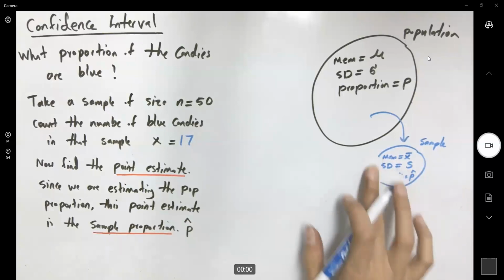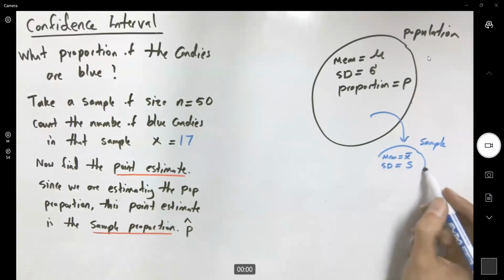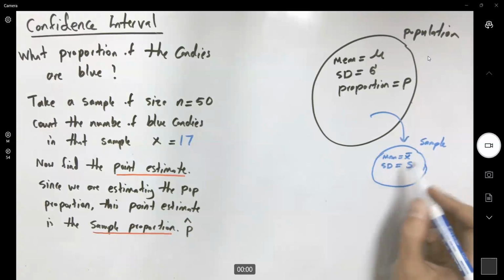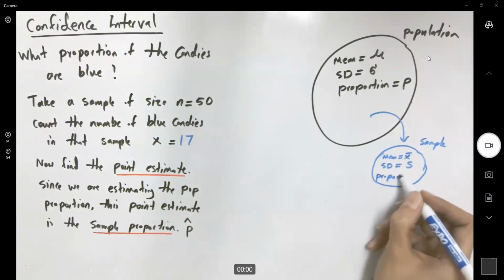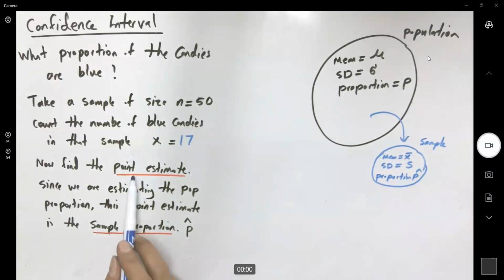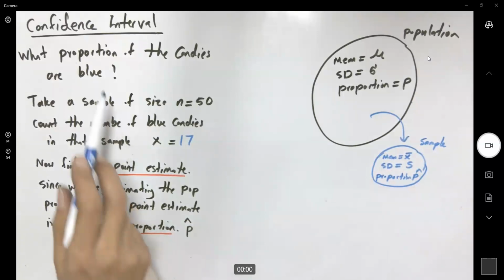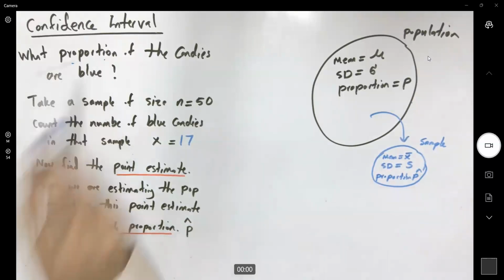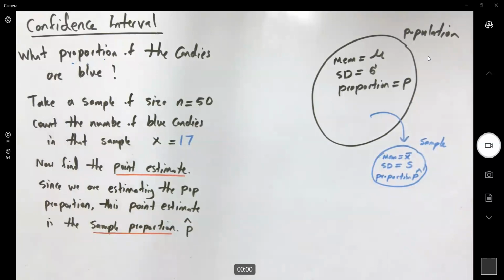So mean, standard deviation, and proportion. P hat, the sample proportion, is the best point estimate for the population proportion. We need to find P hat. But what is the definition of P hat? P hat is defined as X divided by N.